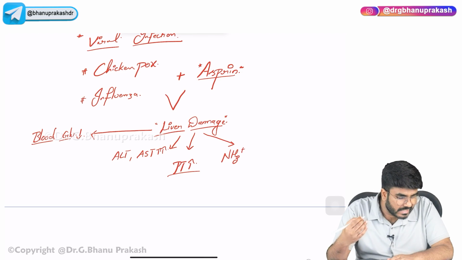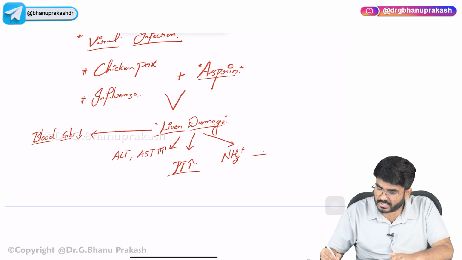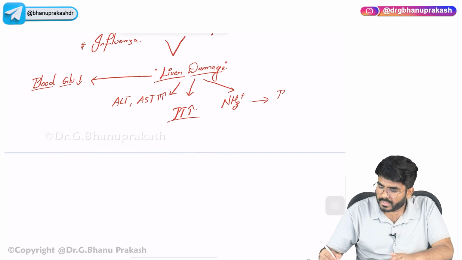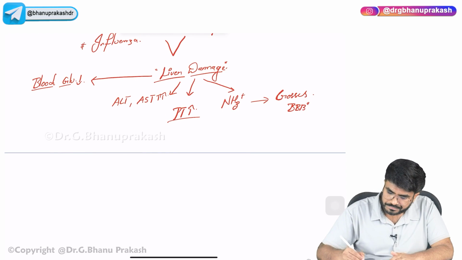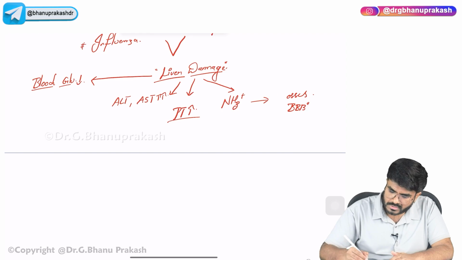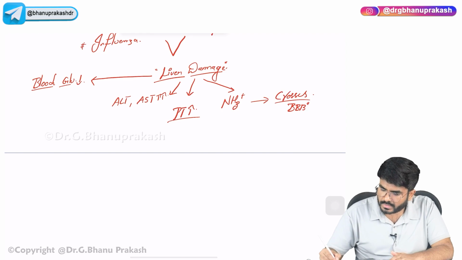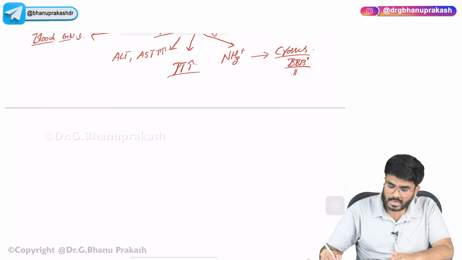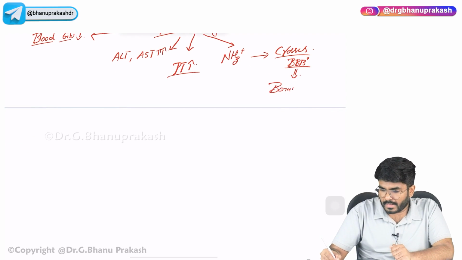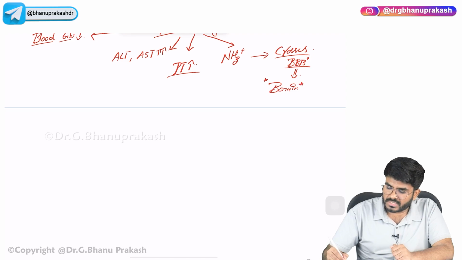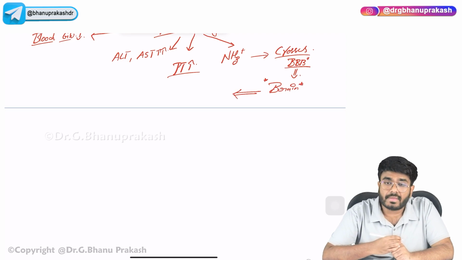Now whenever these NH3 levels are increasing, do you know what it will do? It crosses the blood-brain barrier, and now it starts to get deposited in the brain. As it's getting deposited in the brain, it will cause encephalopathy.